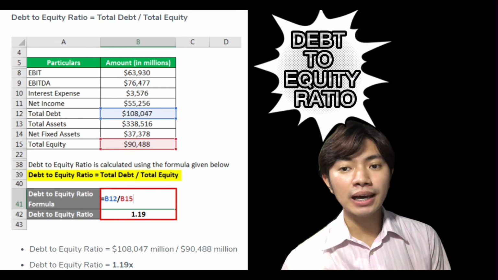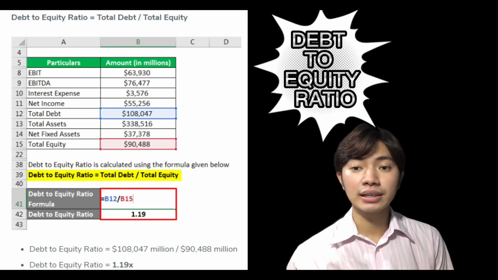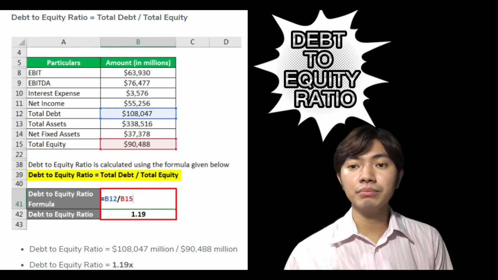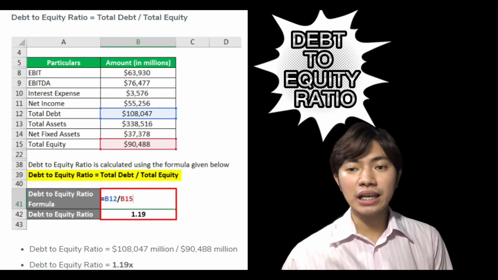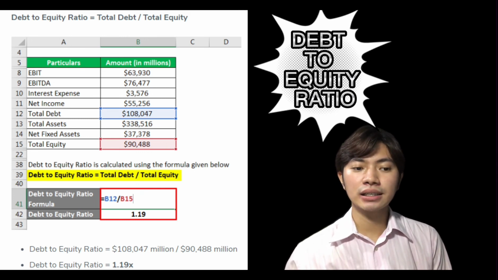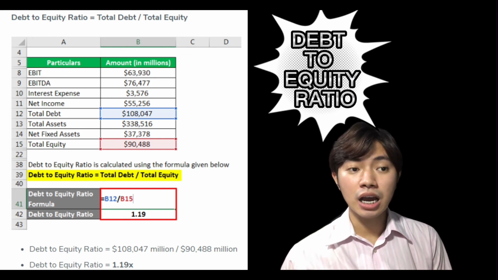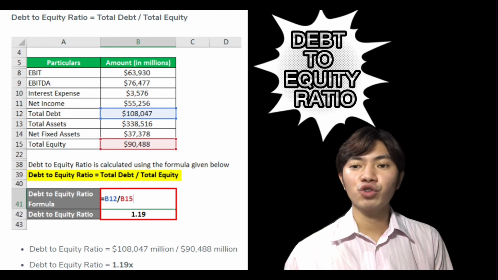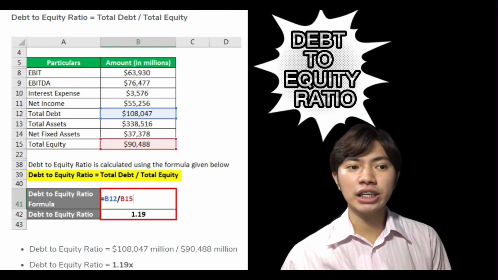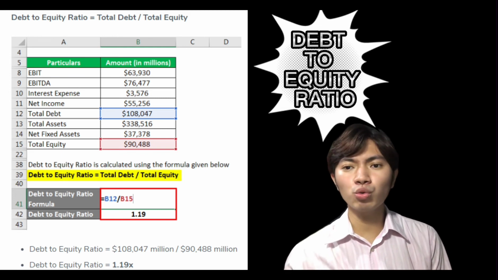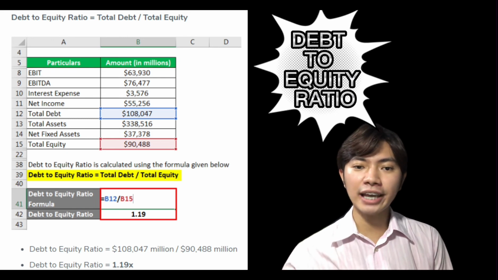Sa example na makikita nyo sa slide is meron tayong $108,000,000 na total debt na i-divide natin na sa $90,488,000 na total equity at ang makukuha nating sagot ay 1.19 na debt to equity ratio.